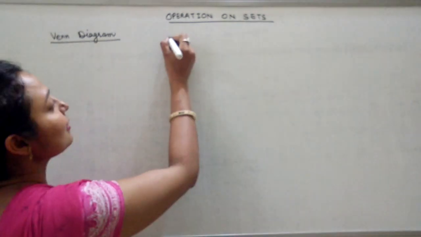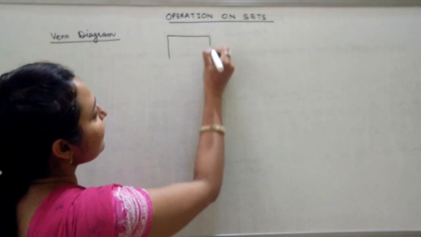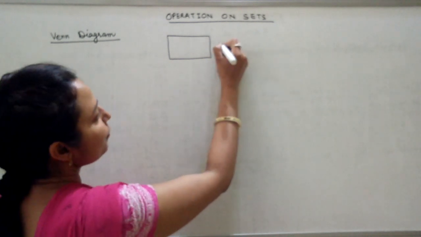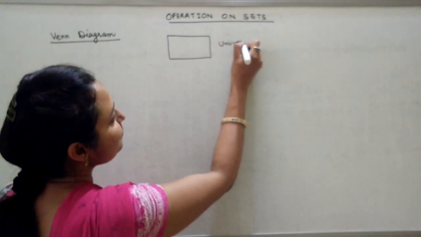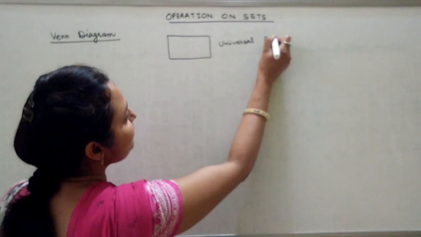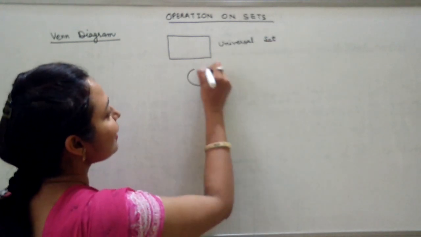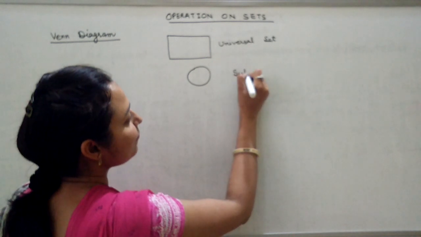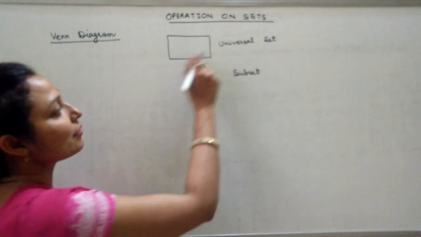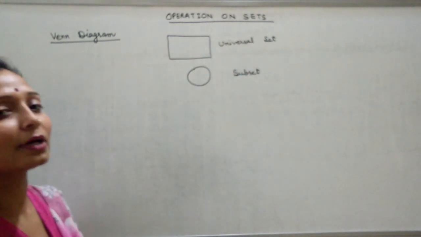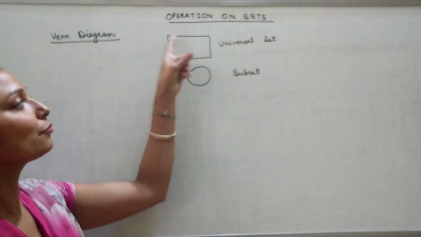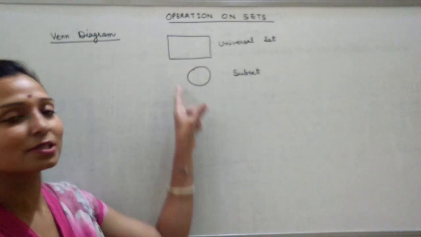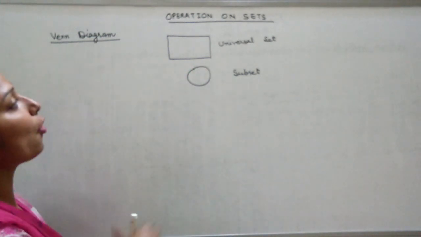In Venn diagrams, the rectangle is used for the universal set, and for a subset we have to use a circle. Okay, this is a universal set. Always for the universal set we have to use the rectangle, and for a subset we have to use the circle. Okay, now come to the operations.